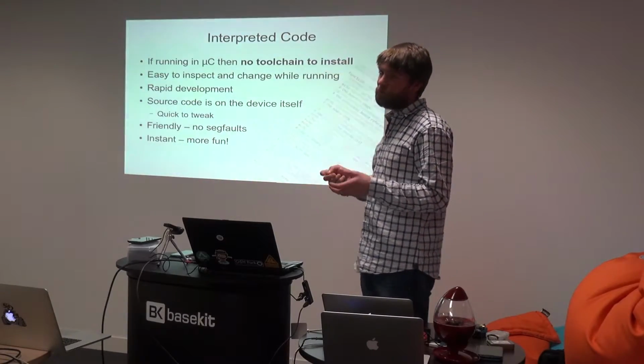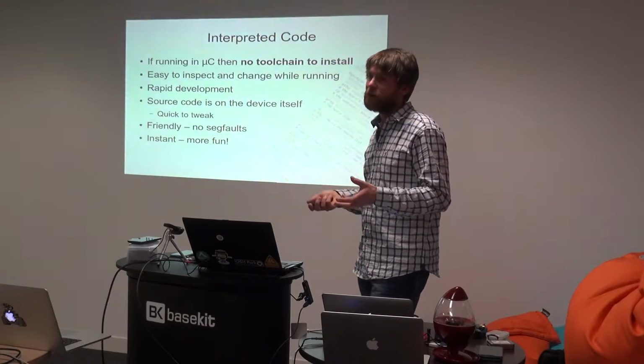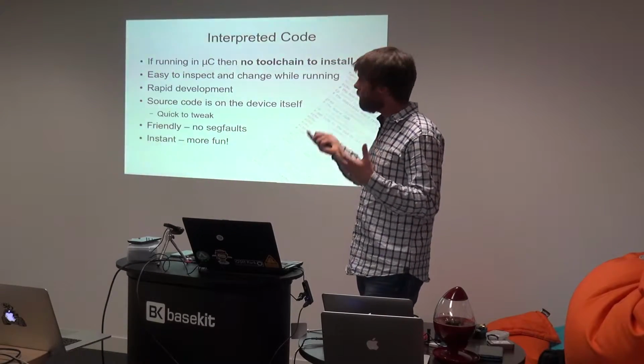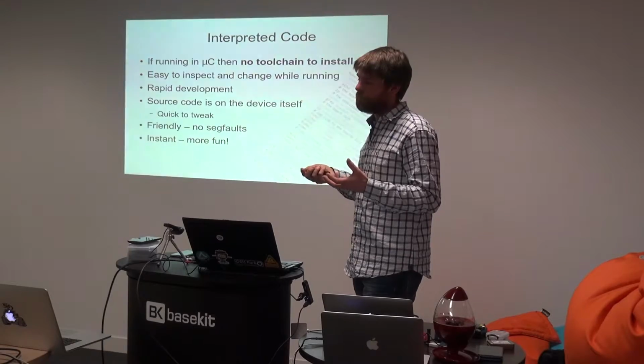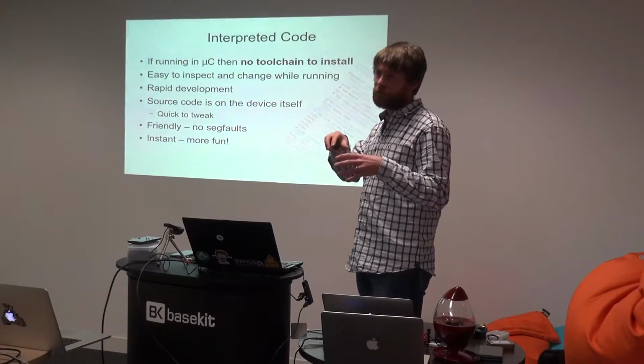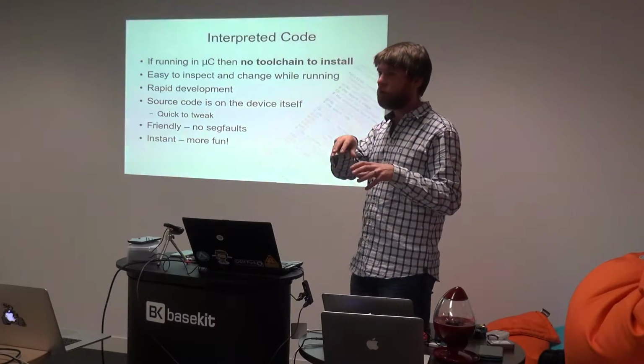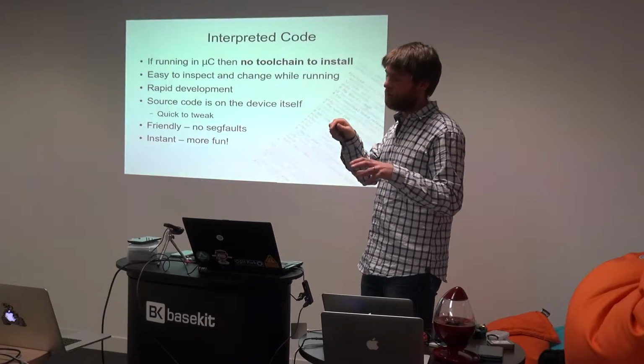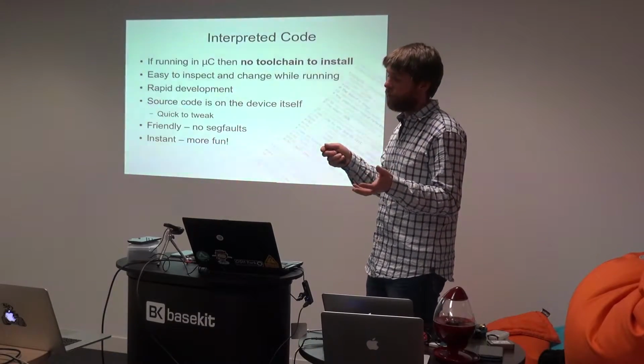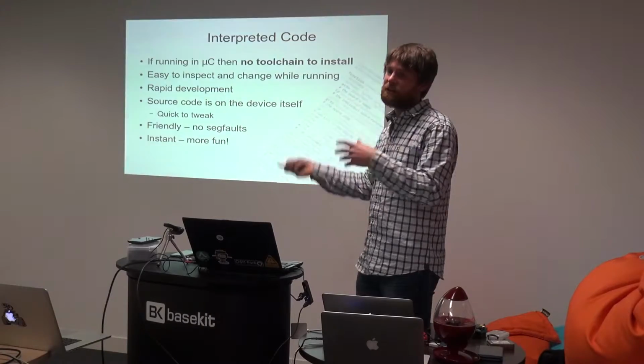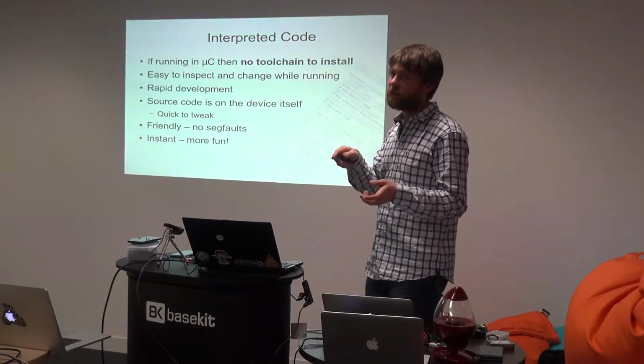The code itself, you can tweak it and you can change it while it's running. And one of the things that's often quite difficult with microcontrollers that you cross-compile for is that suppose you've made a project with one, you've put it aside. 6 months later, you want to change one tiny little thing.